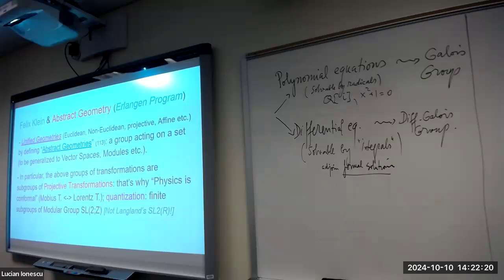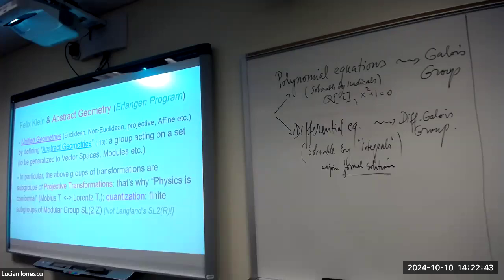Then we had projective geometries and affine geometries. At this stage, we don't need to know exactly what characterizes each of these geometries. But there was a clear need for a unifying view regarding what a geometry is.